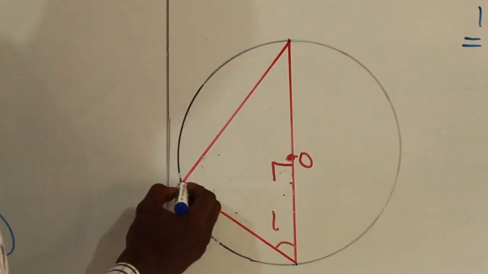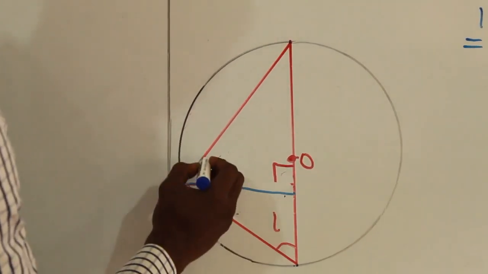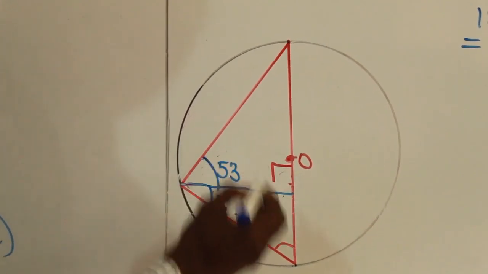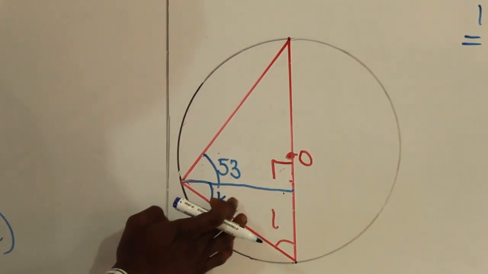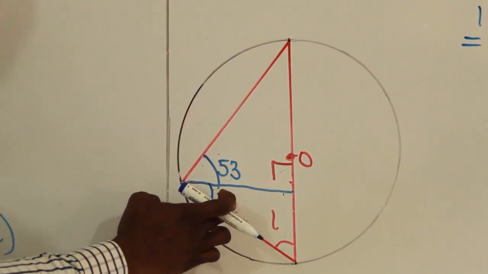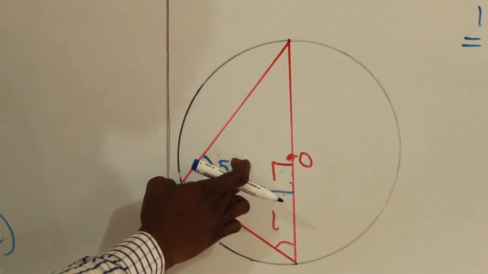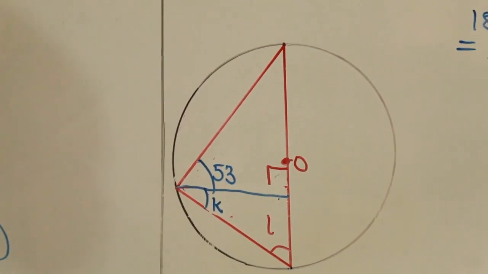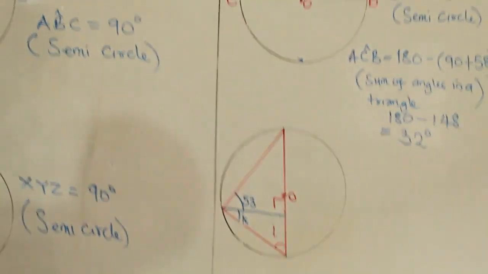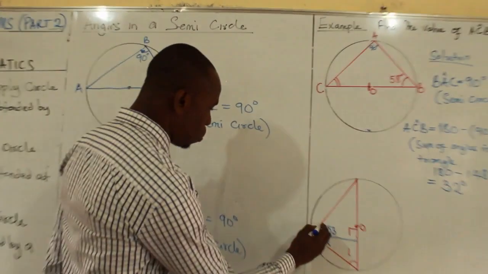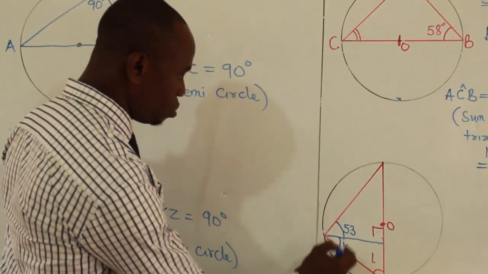So for me to get the angle that is marked K, this part was given as 53. For me to get the angle that is marked K, I have to subtract 53 from 90, because the angle formed at this point is 90 degrees.